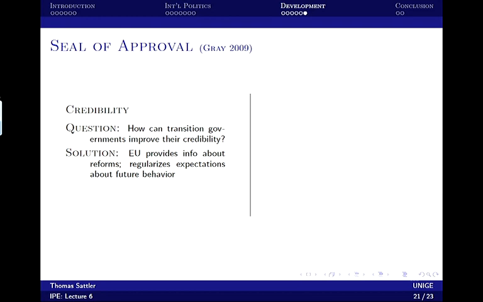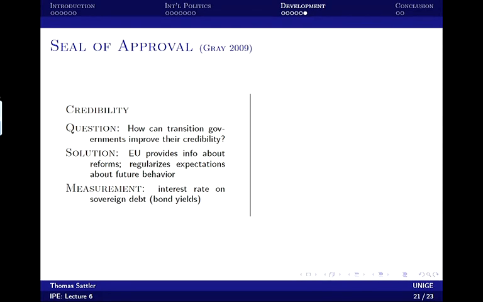What she says is that you can sign a preferential trade agreement with a credible actor, like the European Union, and if the European Union is willing to sign an agreement with you, then this tells something to investors. It provides new information, because an investor has very little information about Slovakia, for instance, right? But the EU has a lot of information about Slovakia, because they carefully evaluate that country on an annual basis. So investors just look at what the EU does and infer from that whether Slovakia is actually doing well or not.